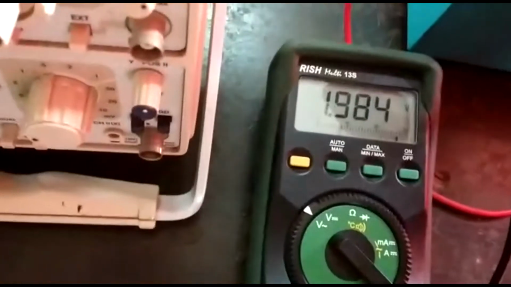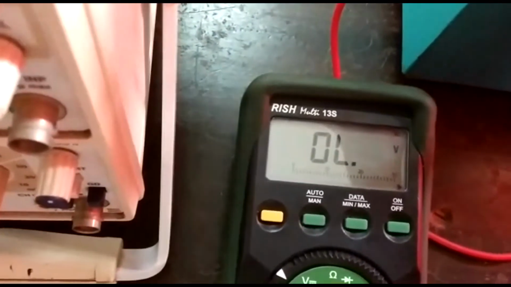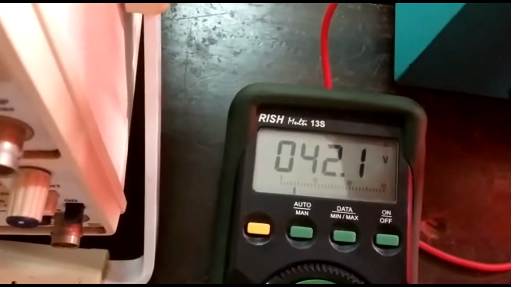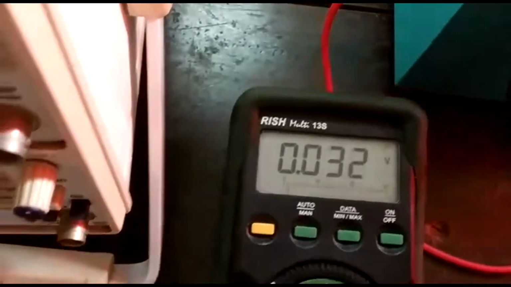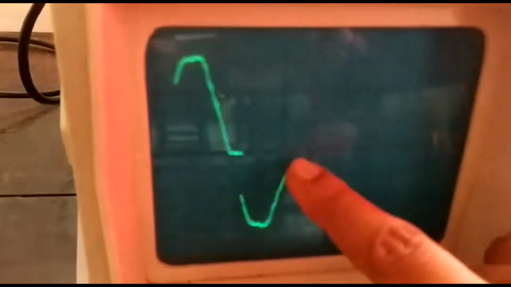Here the output voltage is 42, and we can observe that the units is 0.2, 0.4, 0.6. So, it is 0.6.